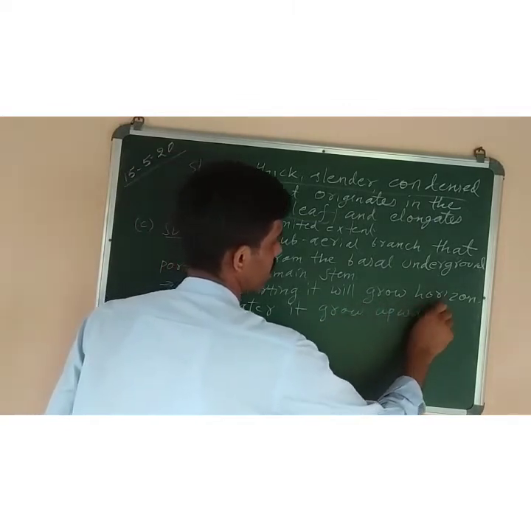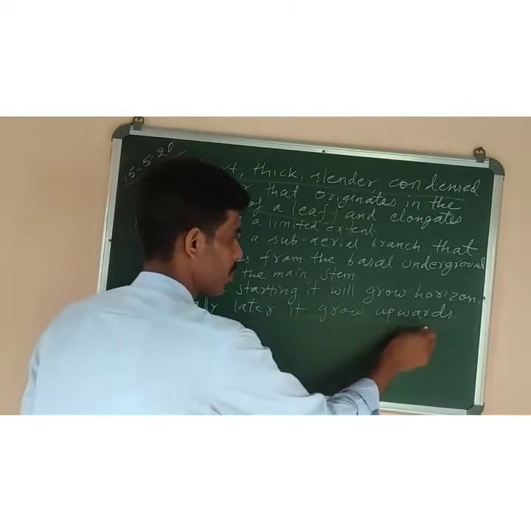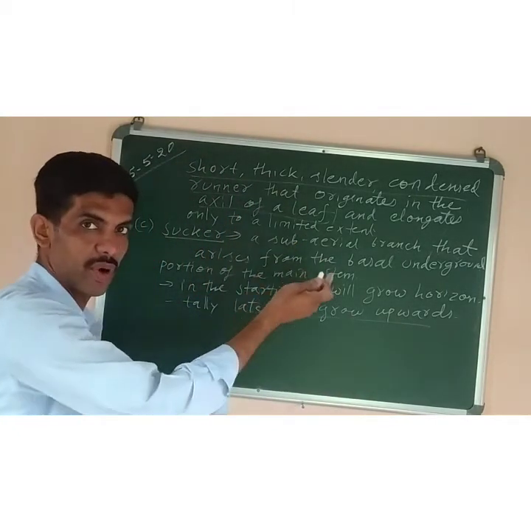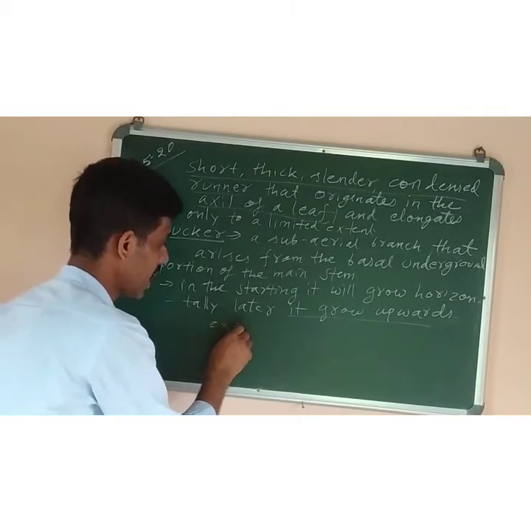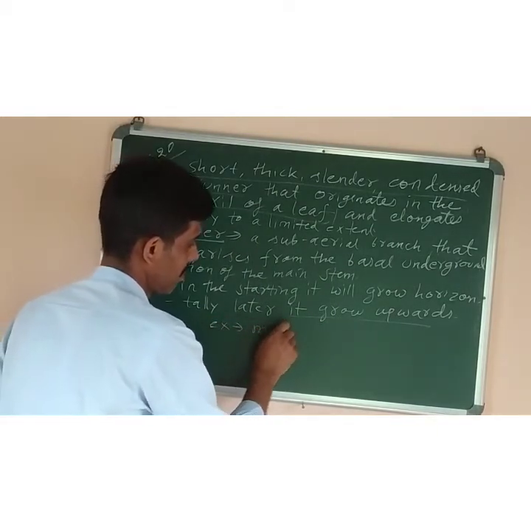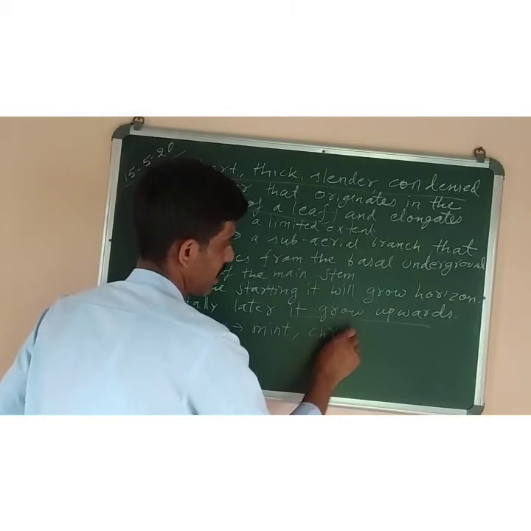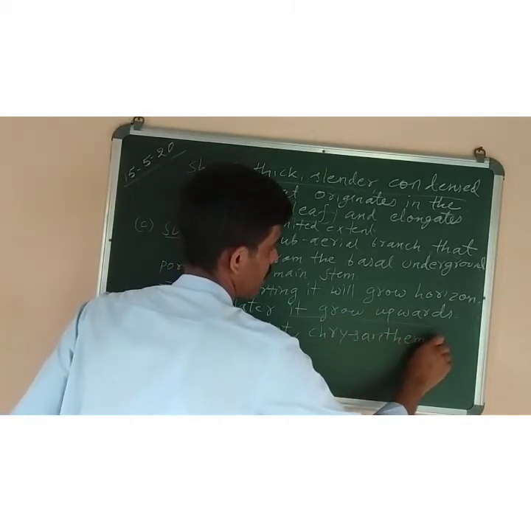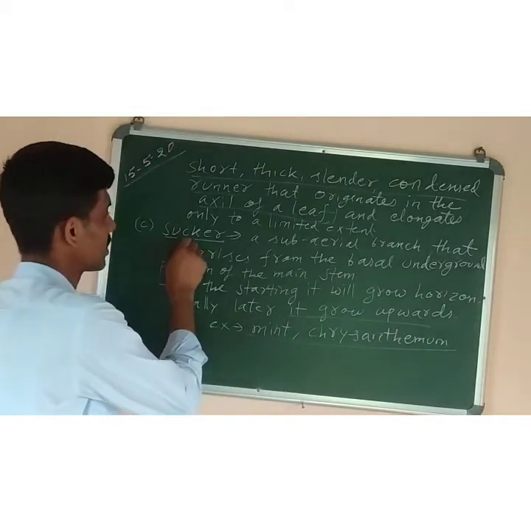Later it grows upwards, means starting it is growing straight, flat, and then it is growing upwards. Example is mint and chrysanthemum. These two plants are the examples of sucker.